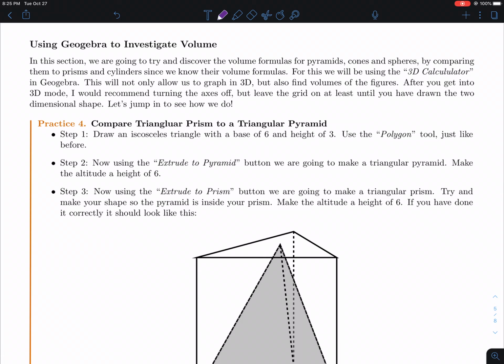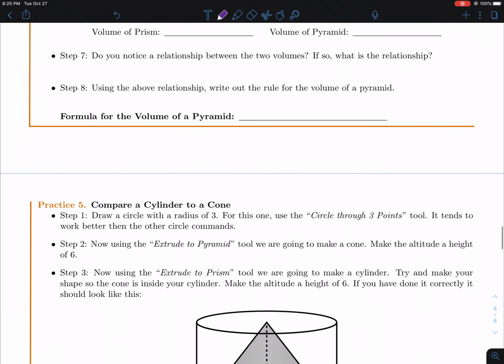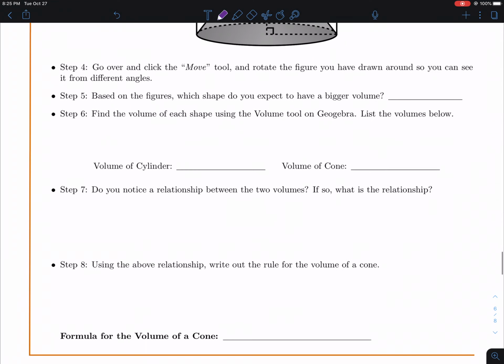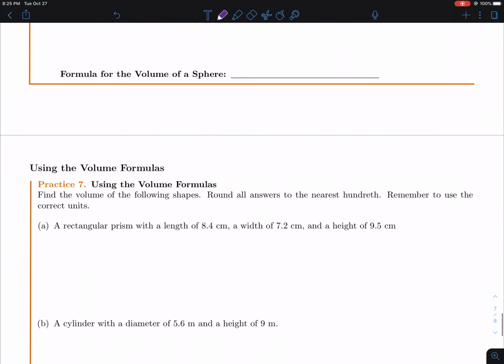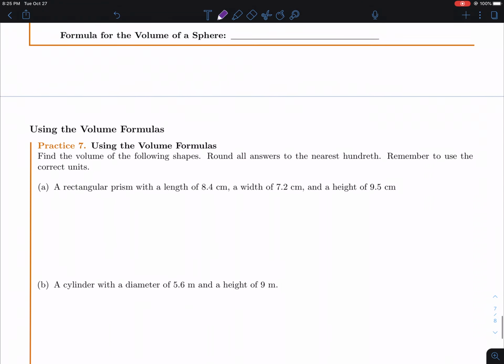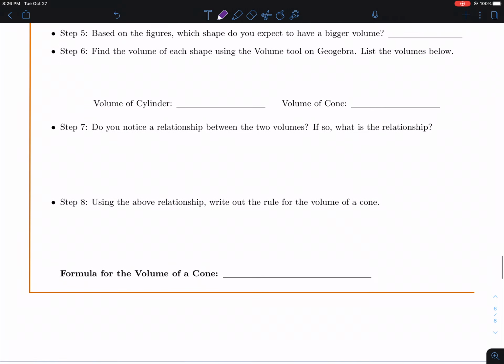We're going to go into the three-dimensional GeoGebra app, which I don't think we've used yet. We're going to compare a triangular prism to a triangular pyramid, a cylinder to a cone, and a cylinder to a sphere, and from there hopefully come up with the volume formulas with GeoGebra's help. And then we've got some practice ones with the formulas.